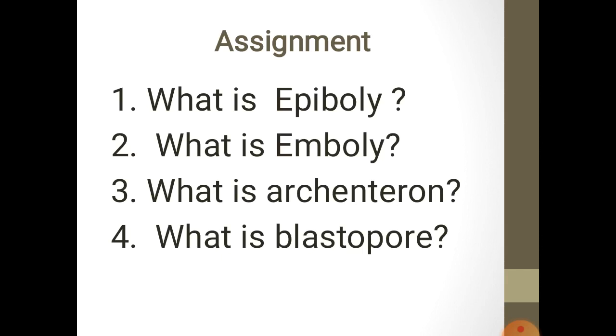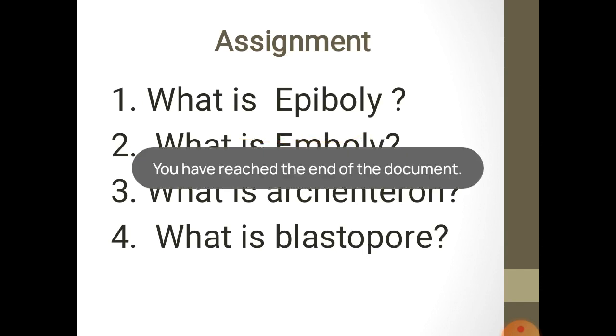Okay. So that is the early development of frog. And now let us come to the end of the chapter. Now we'll give you assignments. There are 4 assignments. Number 1 is, what is epiboly?